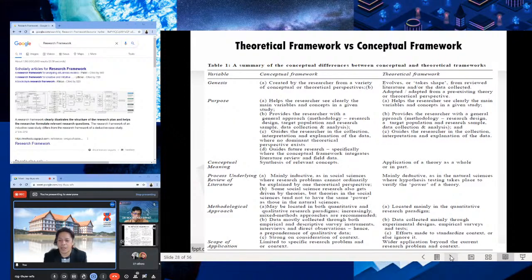For social science, I'm not sure, so I cannot say which is preferable, but it depends on our research scope and direction. When you do your literature review, you will understand which one is important to your research. In some research they combine these two frameworks, but normally you can choose either one, depending on your scope and your direction.